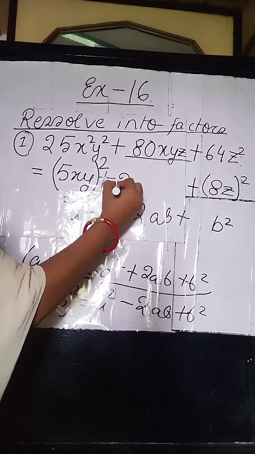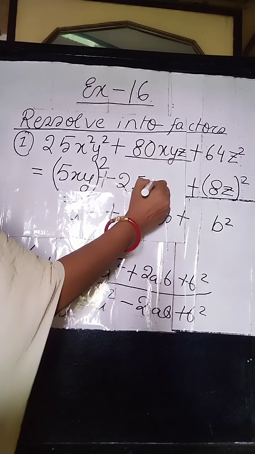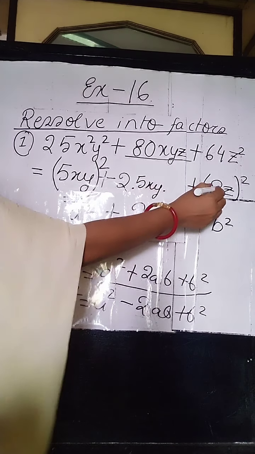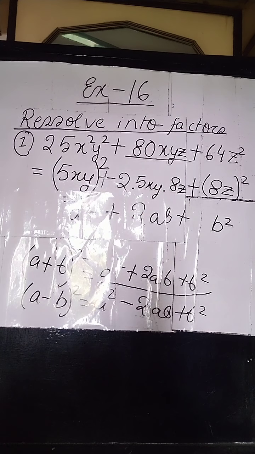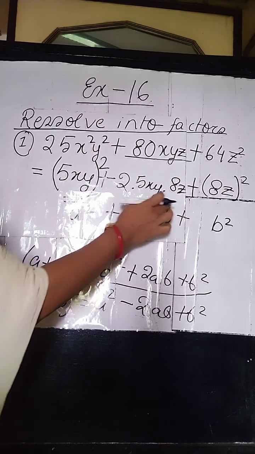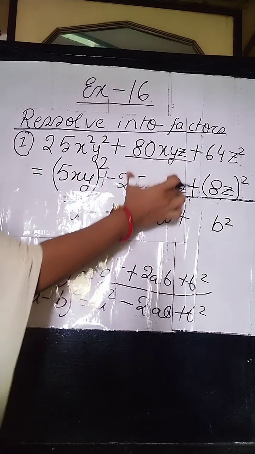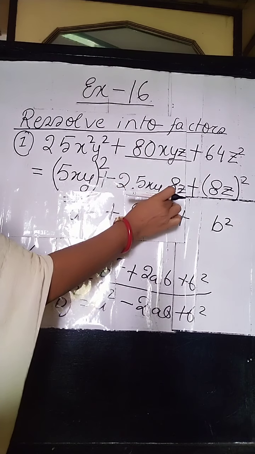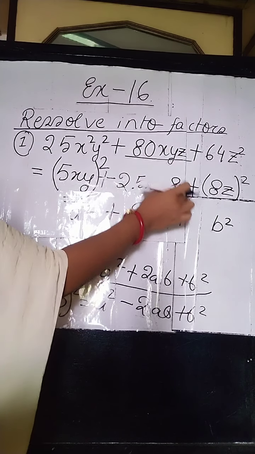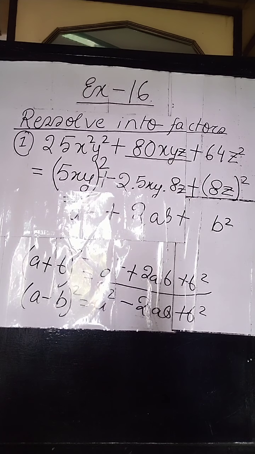So here we will write 2, a means 5xy, and b means 8z. Now you multiply these three and check whether you have obtained 80xyz or not. 2 into 5, 10, into 8, 80xyz. So we are doing the sum correctly.